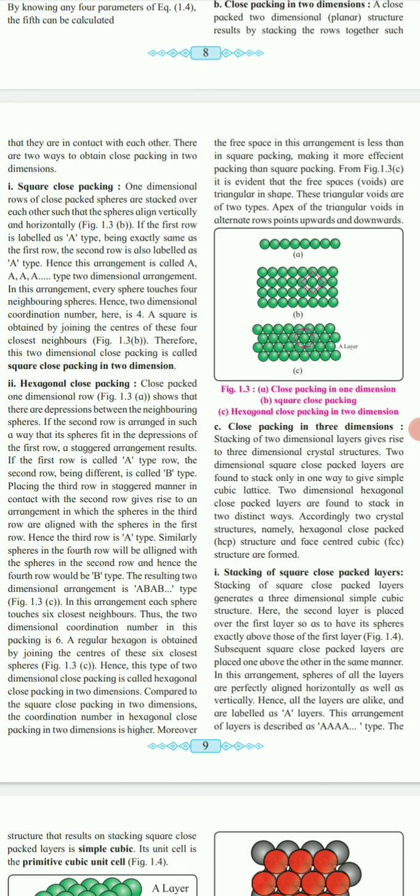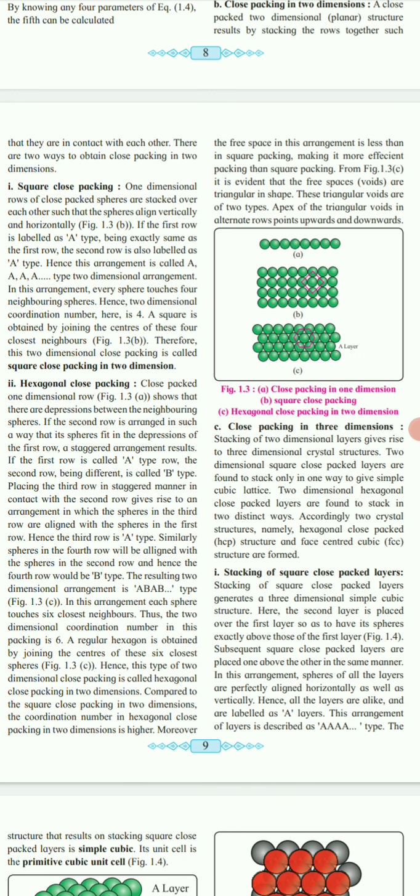First, square close packing. In 1 dimension, rows of close packed spheres are stacked over each other such that the spheres align vertically and horizontally. Refer figure 1.3b. If the first row is labeled as A type, the second row, being exactly the same as the first row, is also labeled as A type.